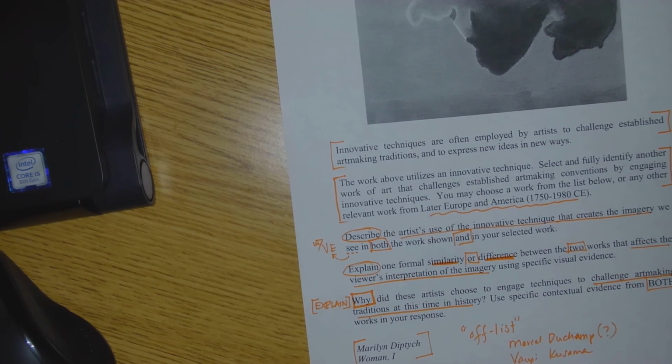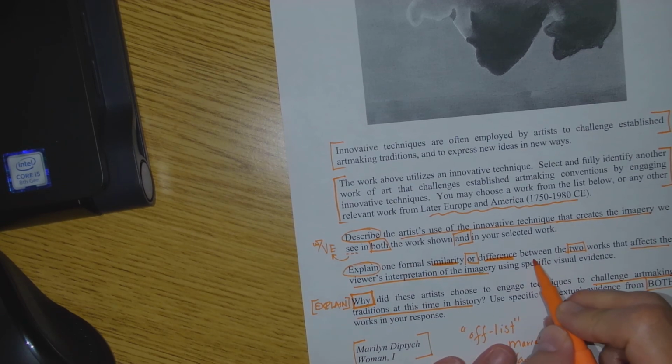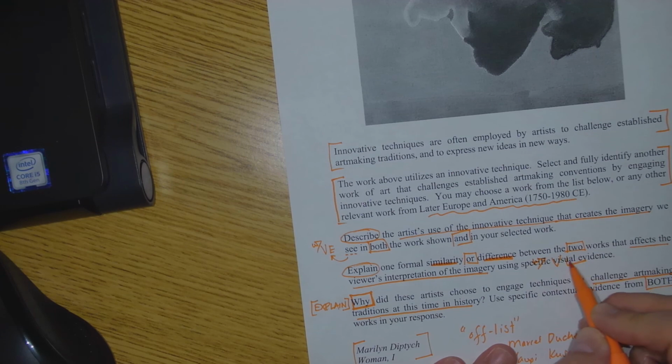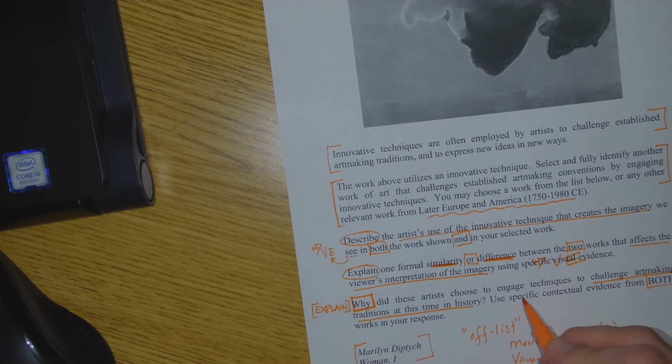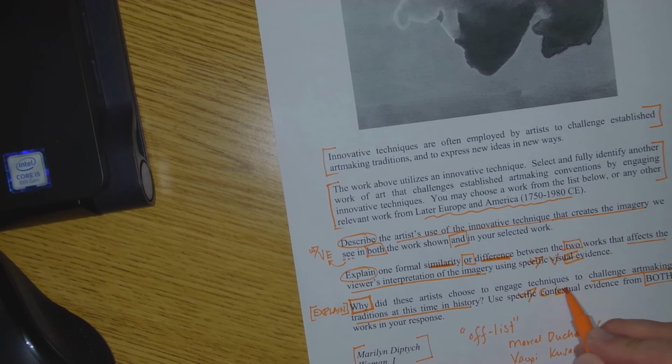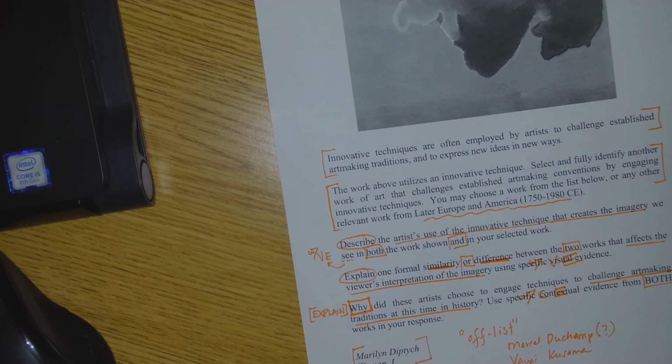I know it's got to do it for both. So we'll come back and label points in just a second. Explain one formal similarity or difference between the two works that affects the viewer's interpretation, with specific visual evidence, right? I got it there. All right, I got contextual evidence down here. Is that all my evidence?